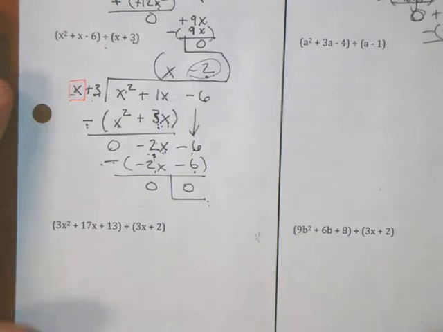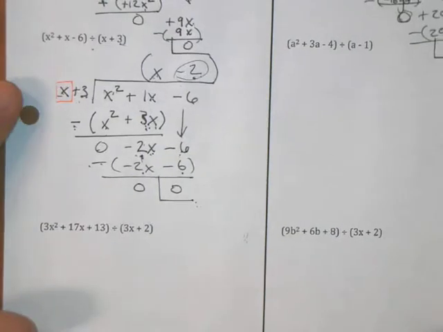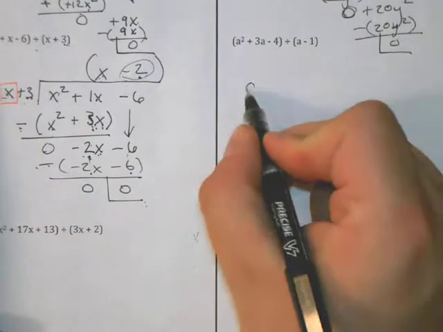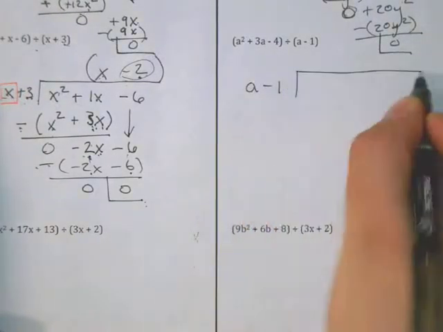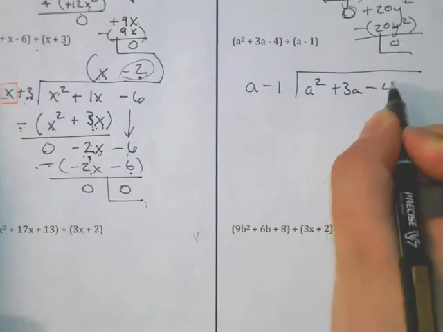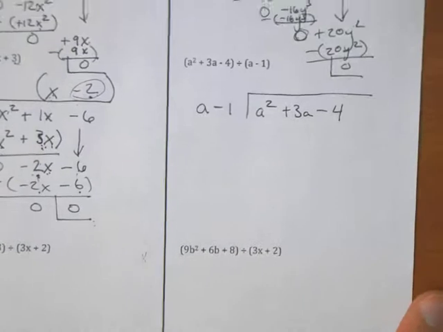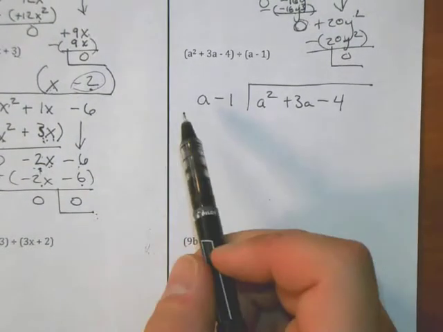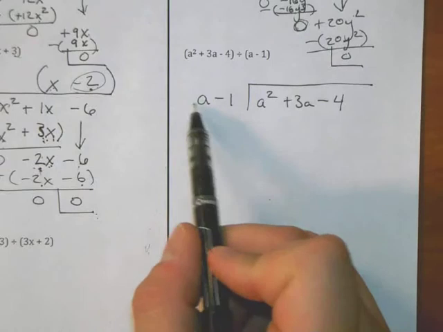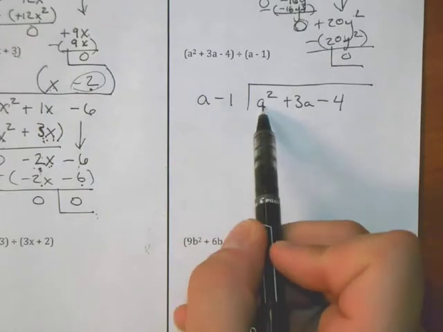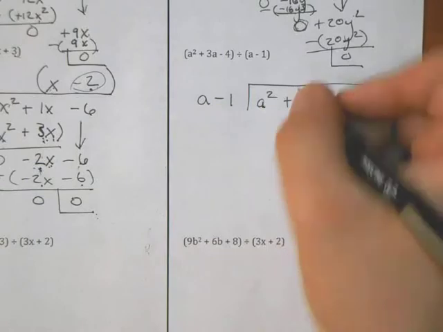Okay, let's power through. Let's try one more time with a new example: a minus 1 into a squared plus 3a minus 4. Focus on the first term. What times this gives the first term here? a.